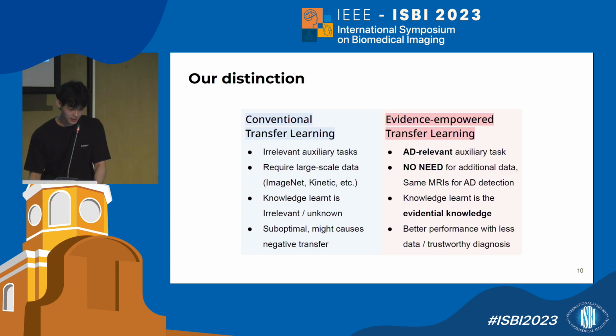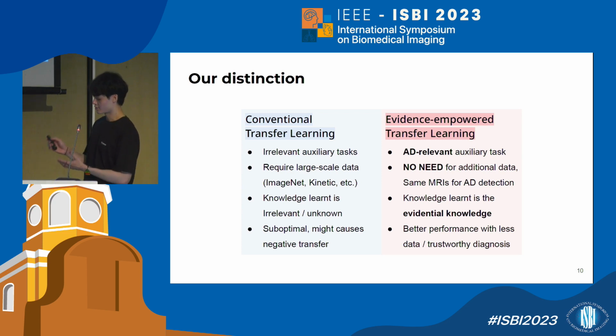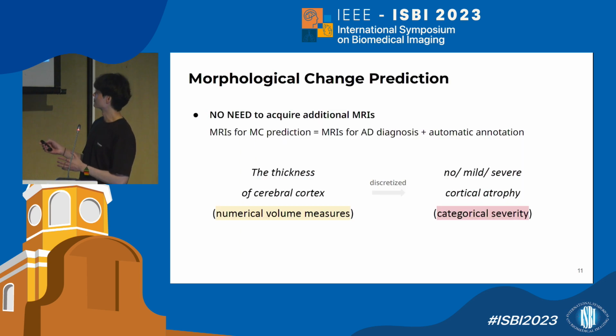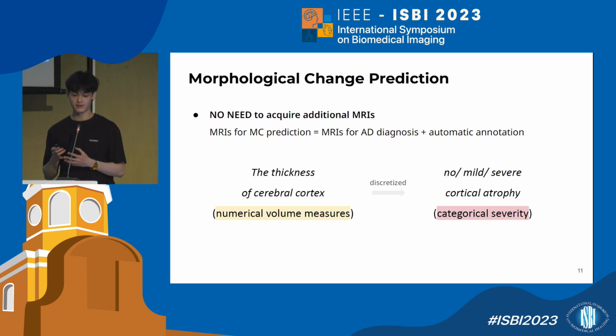Unlike the conventional approach, our framework uses an AD-relevant auxiliary task, which requires no additional MRI data, and the knowledge learned is the evidential knowledge for AD detection, which brings the performance gain with less data. Like I said, the MC prediction requires no additional data.